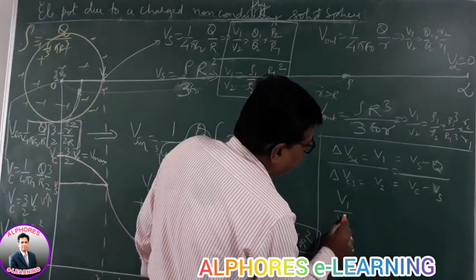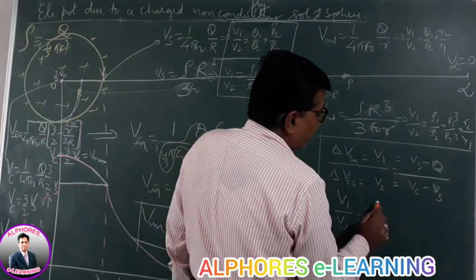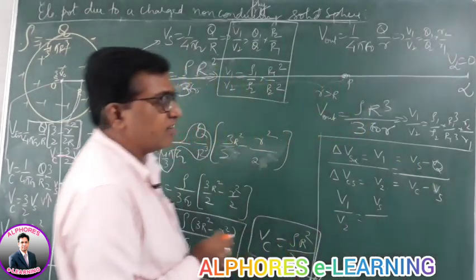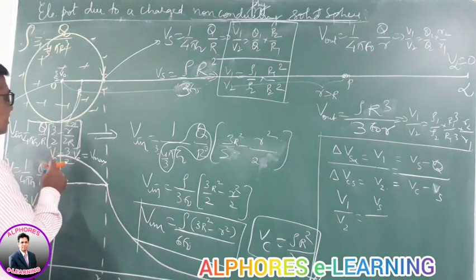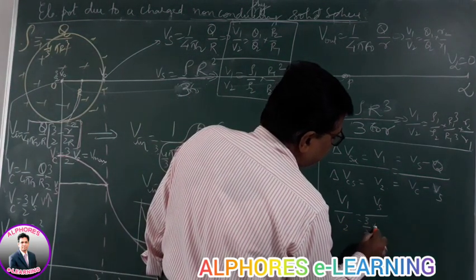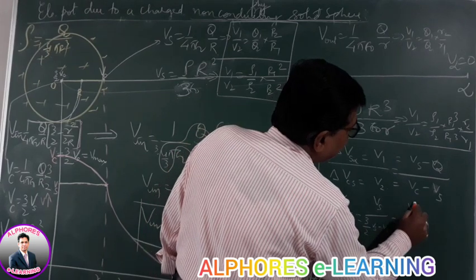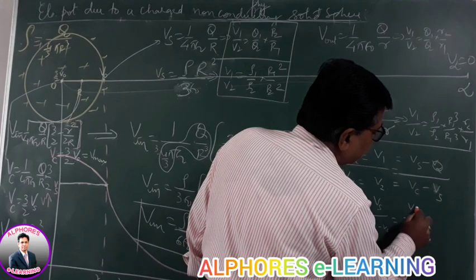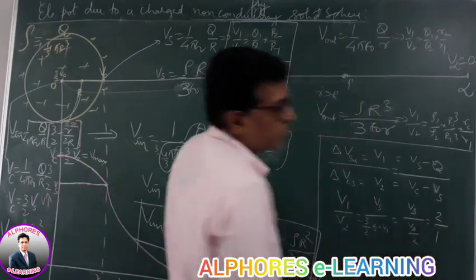So V1 by V2 I will get as potential on the surface divided by center minus surface. Potential at the center is 3 by 2 Vs. So it is 3 by 2 Vs minus Vs, so it is Vs by 2. The ratio is 2:1.